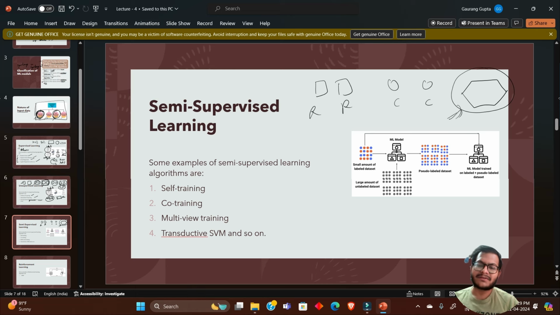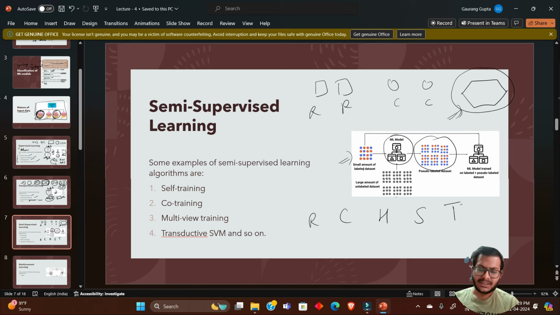So in semi-supervised learning, we have a small amount of labeled data and then a really, really large amount of unlabeled data. Then we combine both of them in a machine learning model and we produce a pseudo-labeled dataset. For example, let's suppose I have 5 categories: rectangle, circle, hexagon, square, and one more category, let's suppose a triangle.